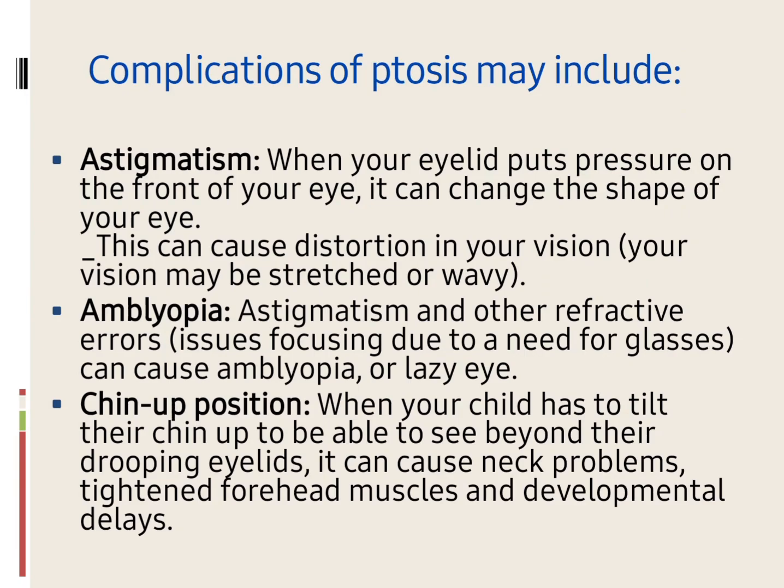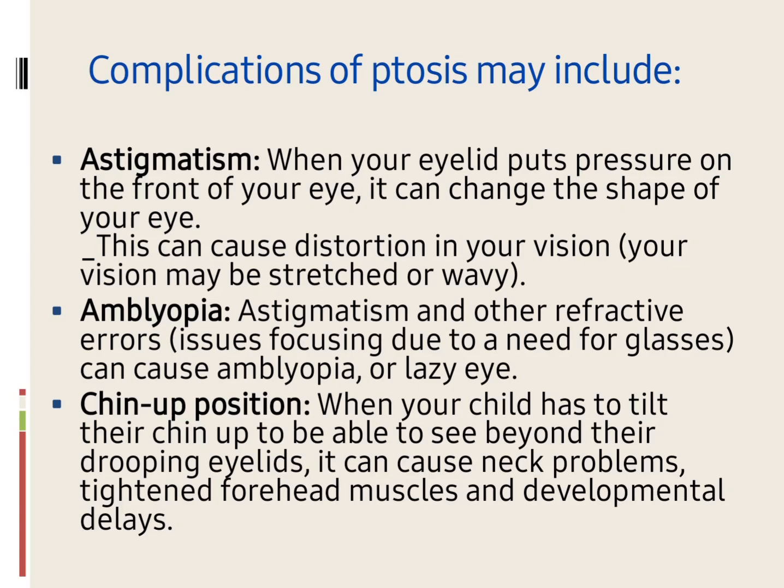So there are also complications with ptosis. Complication number one, if someone is left to have ptosis, they'll have astigmatism. When your eyelid puts pressure on the front of your eye, the cornea, it can cause the cornea to change its shape, and this causes distortion of your vision, what we're referring to as astigmatism.